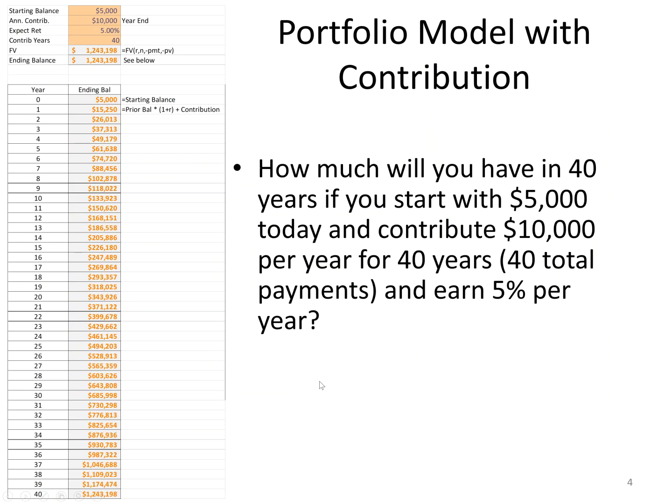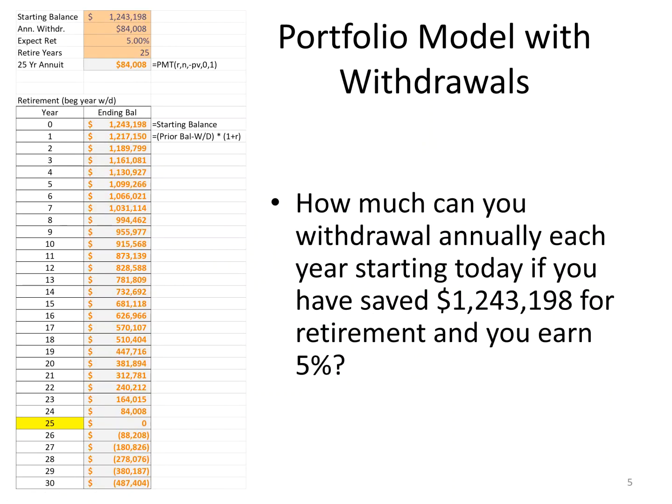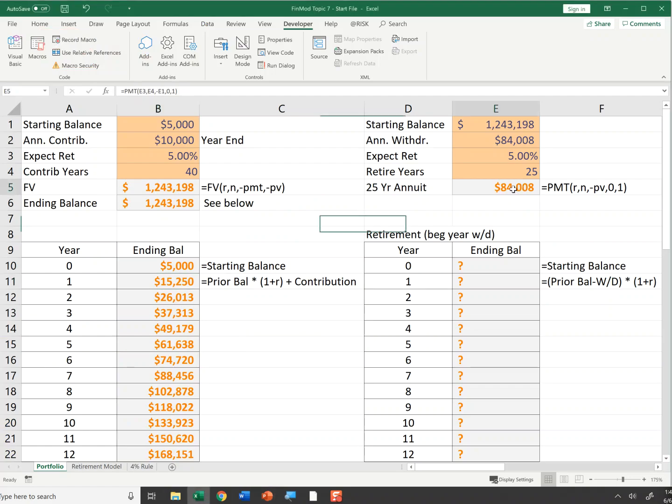Another question you can ask in portfolio models is how much can you withdraw annually each year starting today if you have saved the $1.2 million from the prior question and you earn 5% in that account. So go back to the spreadsheet and you can see I've used a payment function.